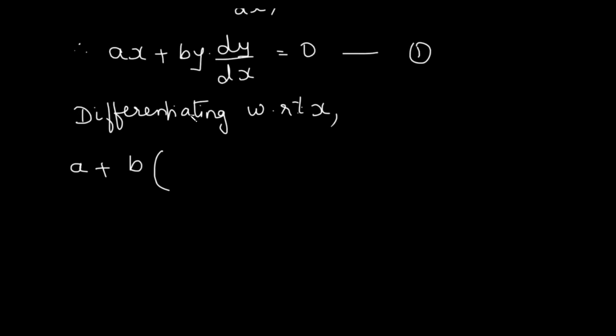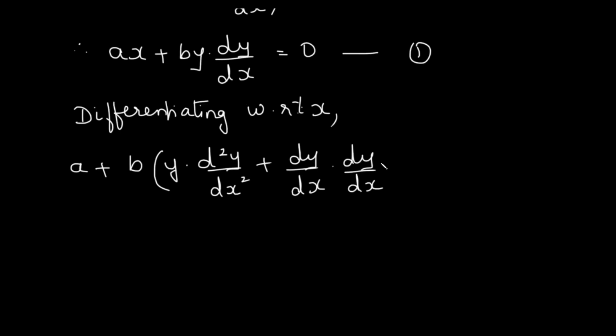So these are two terms, and therefore we use the method of u into v. We use the product rule for differentiation. So we get u dv/dx plus v du/dx. That means y into the derivative of dy/dx, which is d²y/dx², plus dy/dx as it is, and the derivative of y becomes dy/dx. Observe the step carefully and understand it properly.